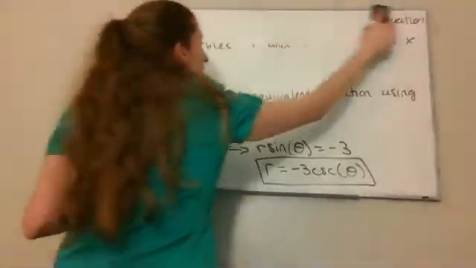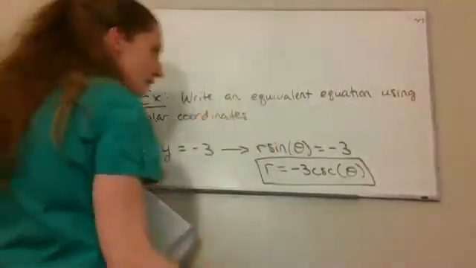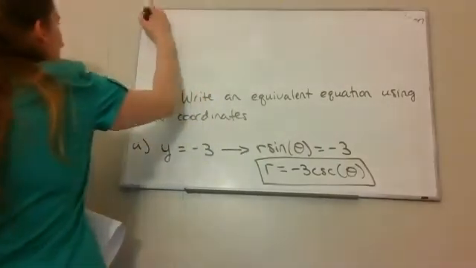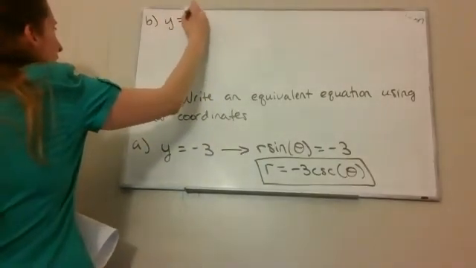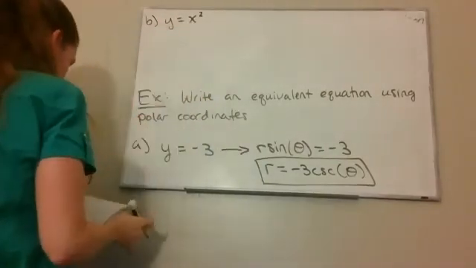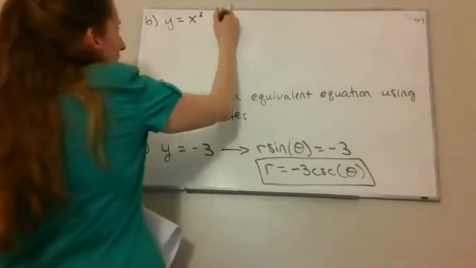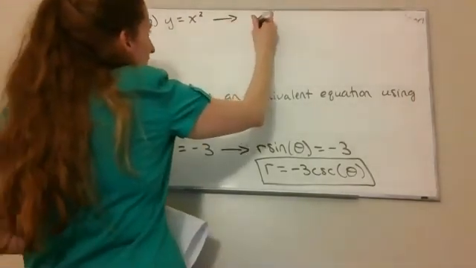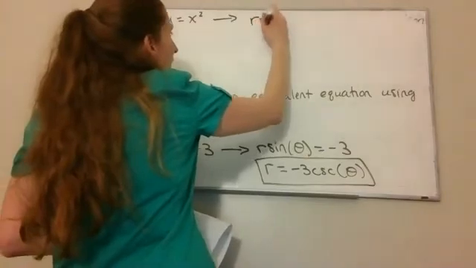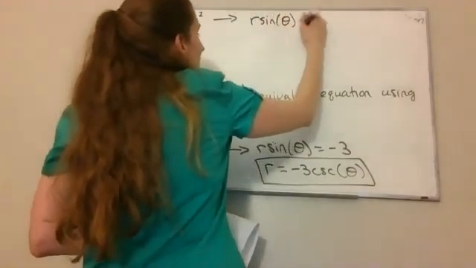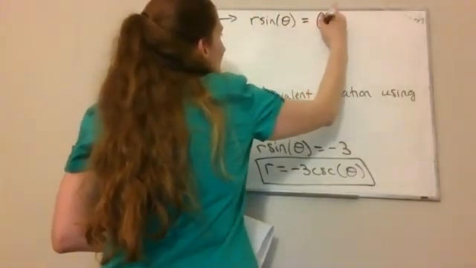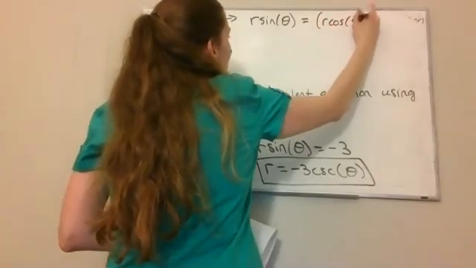Another one. What about just y equals x squared? That's just our standard parabola. Well, let me plug in what I know about y and x. y is r sine theta, and x is r cosine of theta.